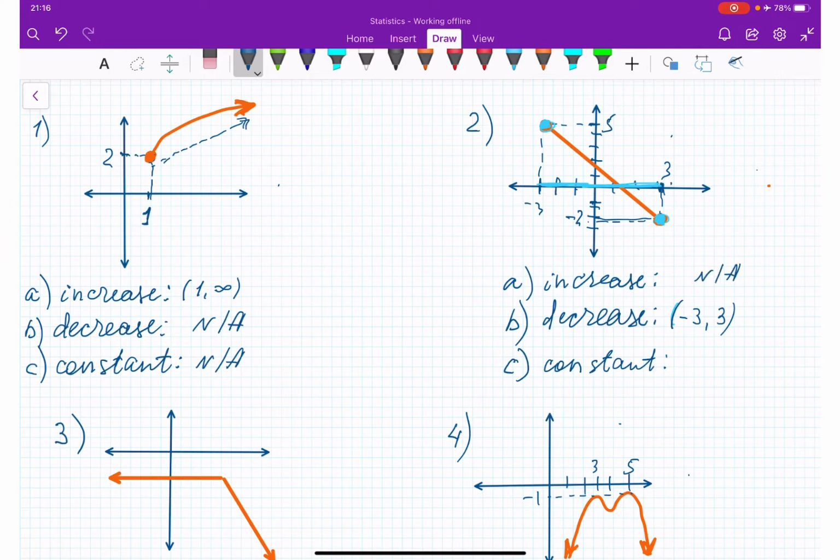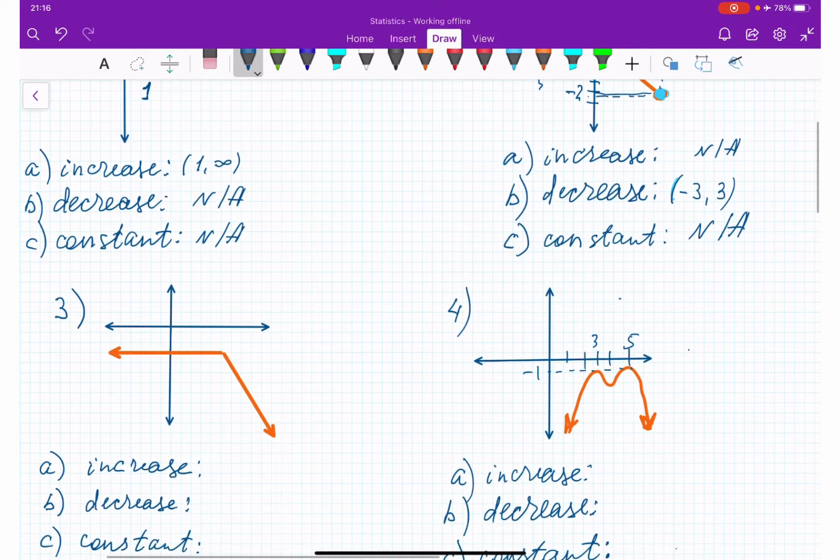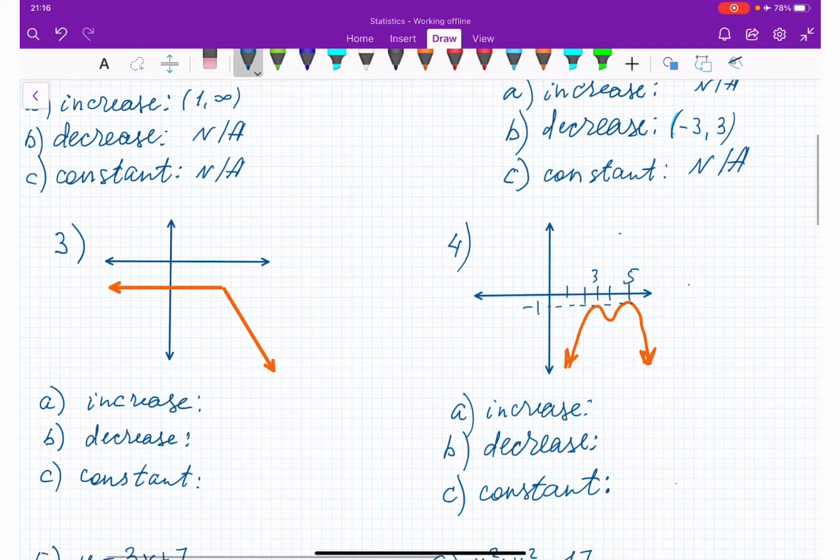We don't have any constant area, which means not applicable. Moving to question number 3. So what do we have on this graph? First of all, let me mark this down. This is +2, okay?